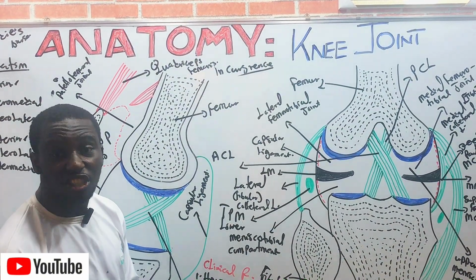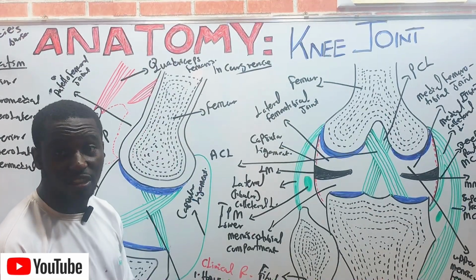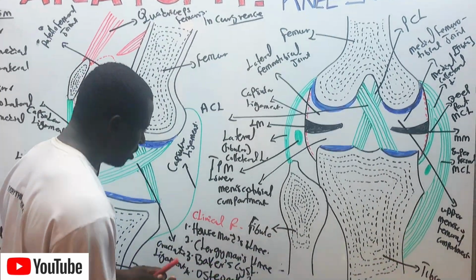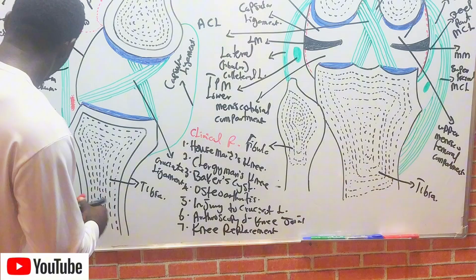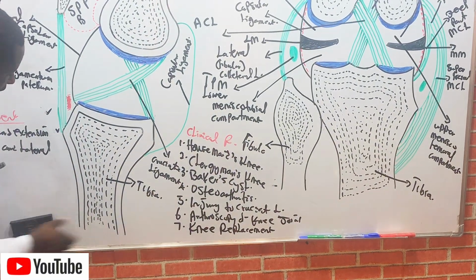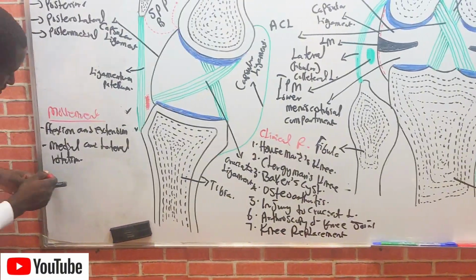Now, another one is dislocation, because the knee joint can dislocate. It is a joint, so it can dislocate. So number 8 is dislocation.